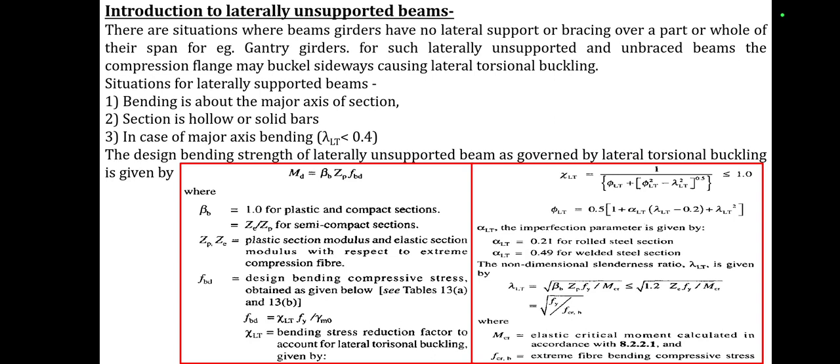The design bending strength for a laterally unsupported beam, as governed by the torsional buckling, is given by Md equals beta B into Zp into fbd.